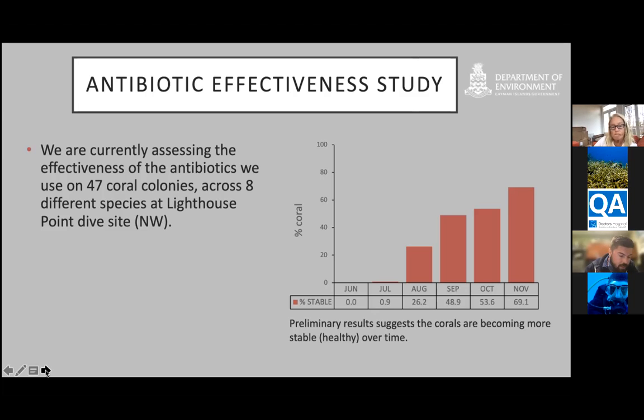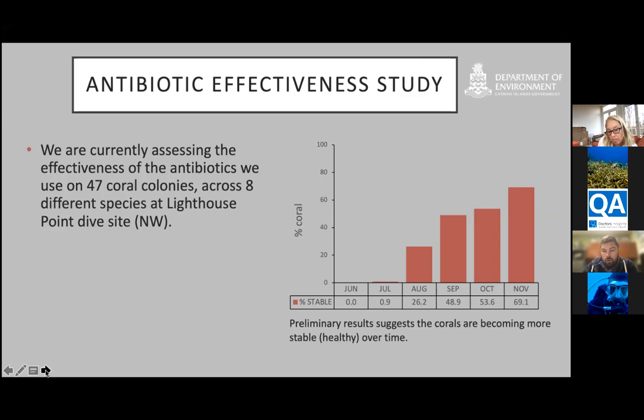If you've been diving there recently on a fun dive, you may have seen some tagged corals on top of the hard pan by the boat moorings. This experiment is just to ascertain how effective the antibiotic treatment is that other people are using around the Caribbean region.